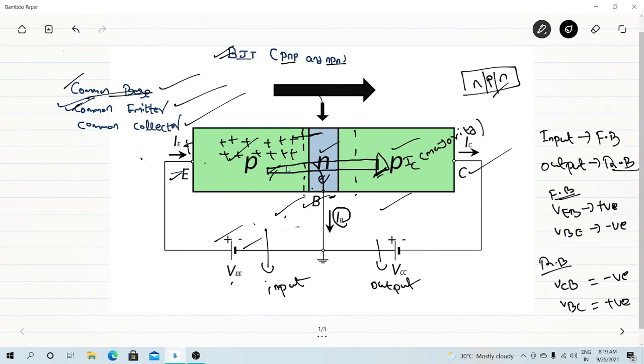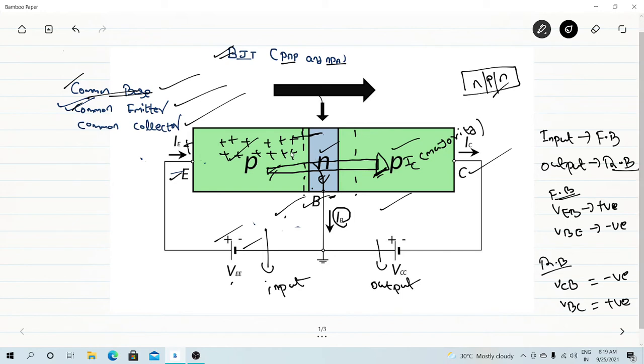Okay, so you can see this depletion layer is very small, so the height of the barrier will be very small, whether you think in terms of the band diagram or the block diagram.